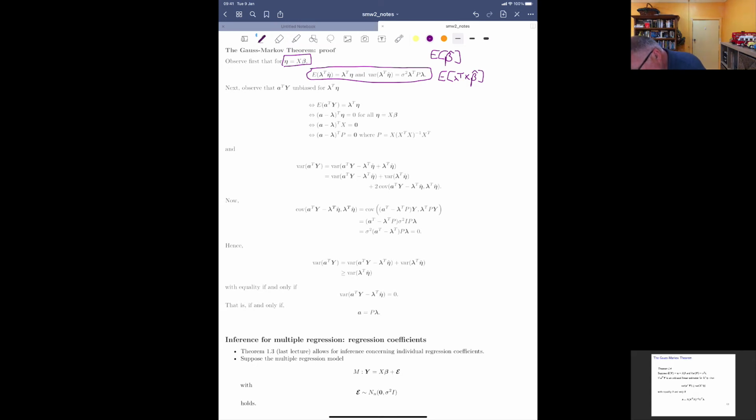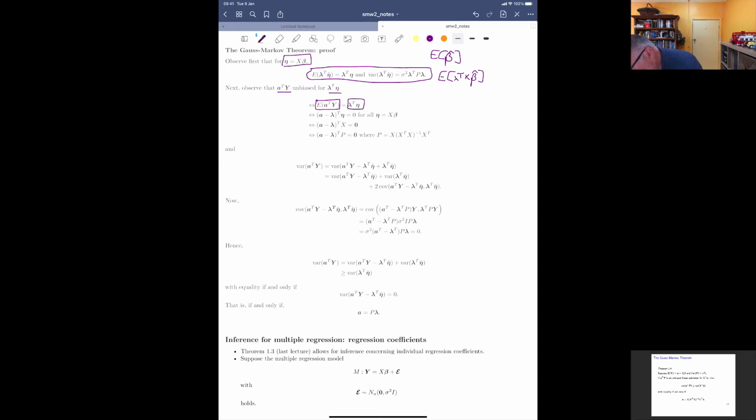So we're going to say we know that our new estimate, A transpose Y, so it's a linear combination of the observed data, is unbiased for this estimable function lambda transpose eta. What does that mean? That means that the expected value of this equals lambda transpose eta.